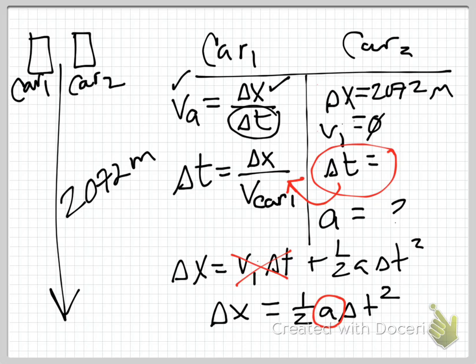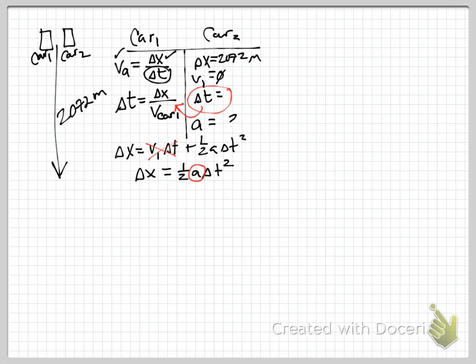So we now have an equation we can rearrange. If we rearrange that to solve for a, we get 2 delta x equals a delta t squared. Divide both sides by delta t squared. And we have an expression for acceleration.